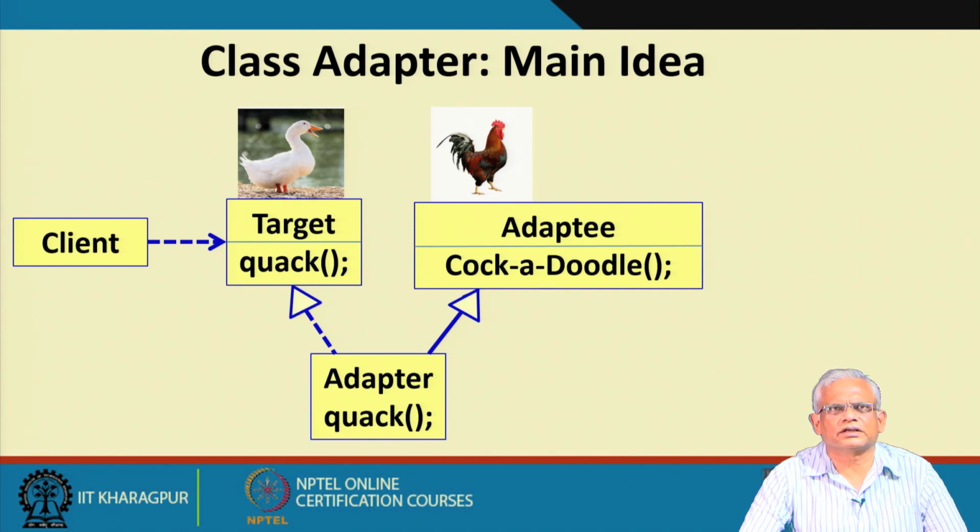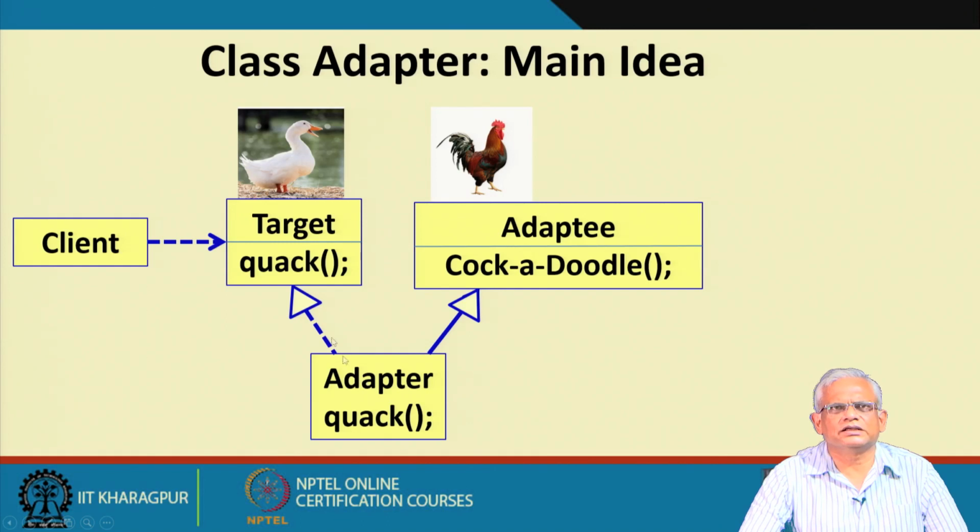Just to explain the class adapter pattern, let us say we have a target which used to support the method quack. The client class used to call the method quack, but then we have another different class we want to use, which is the adaptee, and the method here supported is cockadoodle. The solution to this is that we have to write this adapter class.